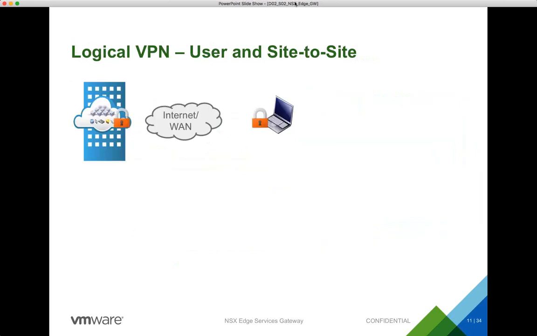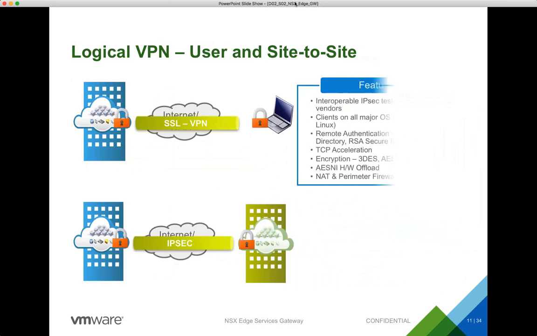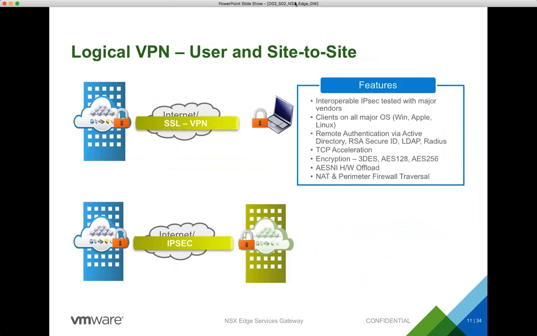So, logical VPN, user and site to site. User VPNs are extremely important for companies that have offshore contractors or road warrior workers and stuff like that. We've got the ability to deploy a client out on Windows, Apple, Linux, and all that, and give you access into your environment just like any other VPN client would.